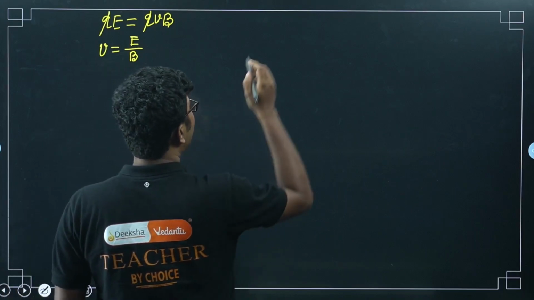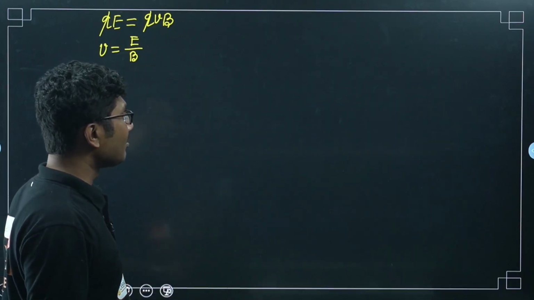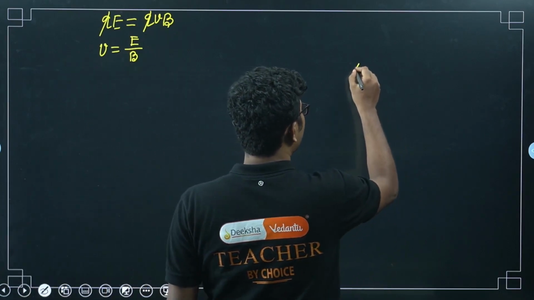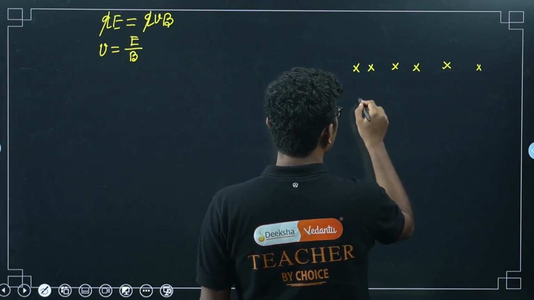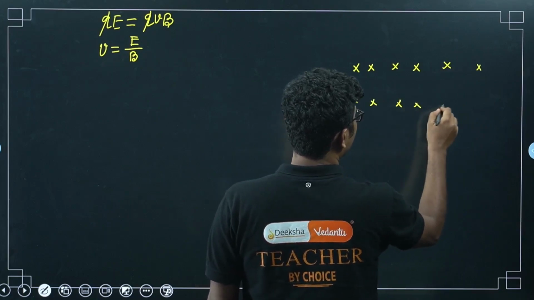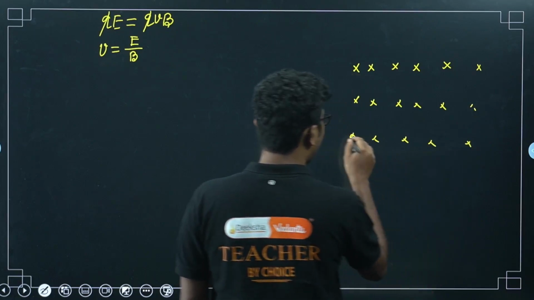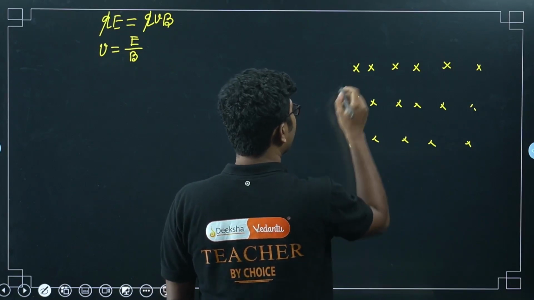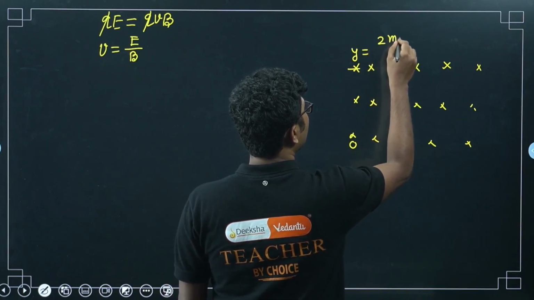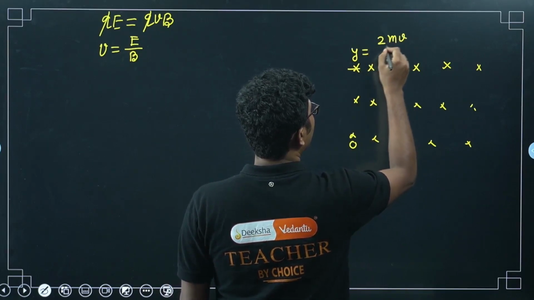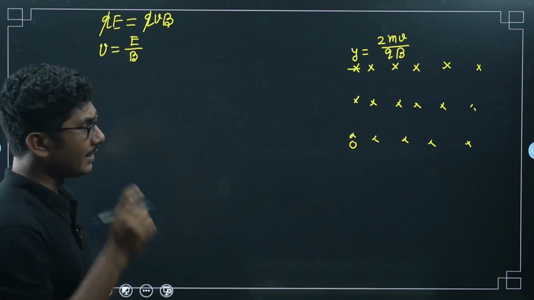Also we know that when it is rotating in a circular motion, suppose this is the magnetic field, and here is the origin. At y equals 2mv by qB, it enters the magnetic field, right?